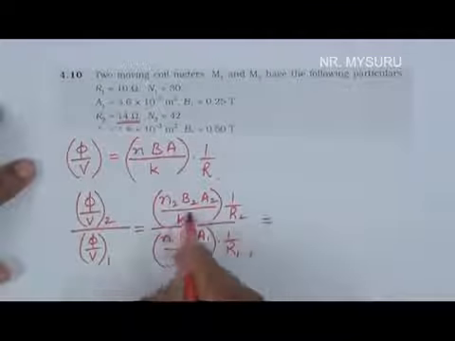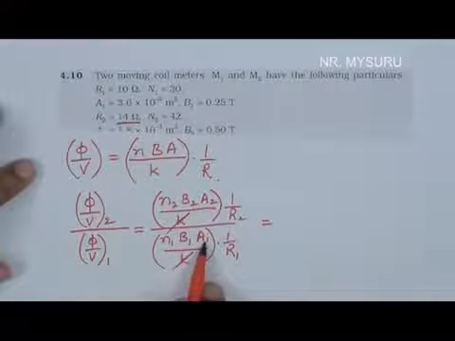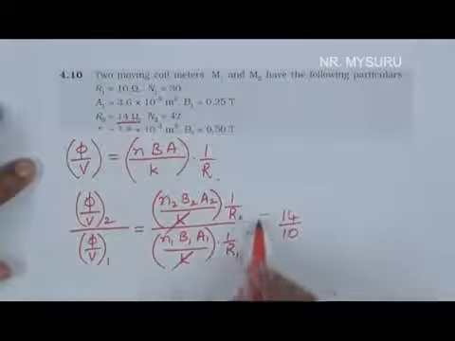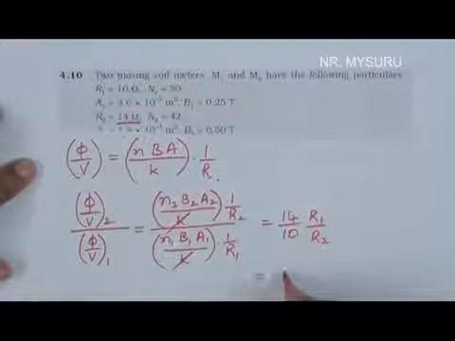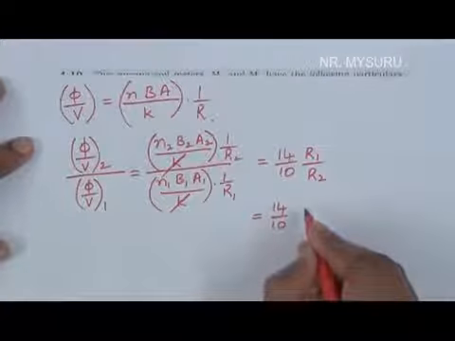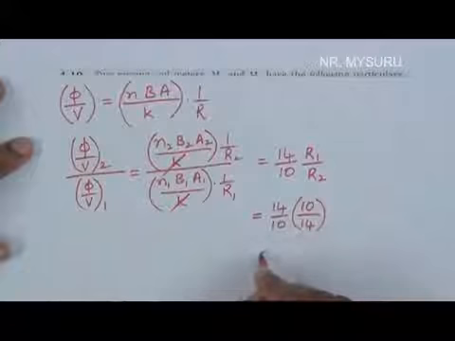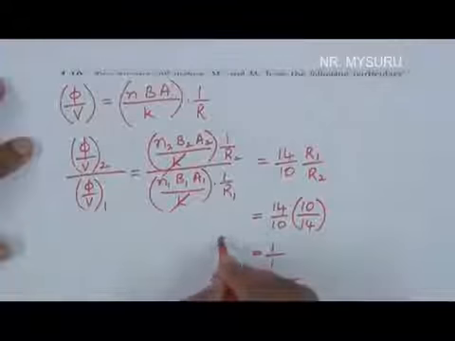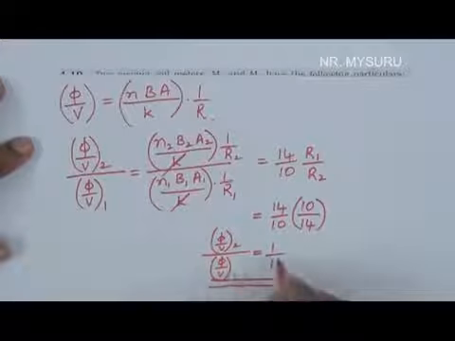K cancels. We found N2 B2 A2 by N1 B1 A1 as 14 by 10. R1 goes to the numerator, so R1 by R2 times 14 by 10. R1 is 10 and R2 is 14, so this turns out to be 1:1. So the voltage sensitivity of the second coil by the voltage sensitivity of the first coil is 1:1.